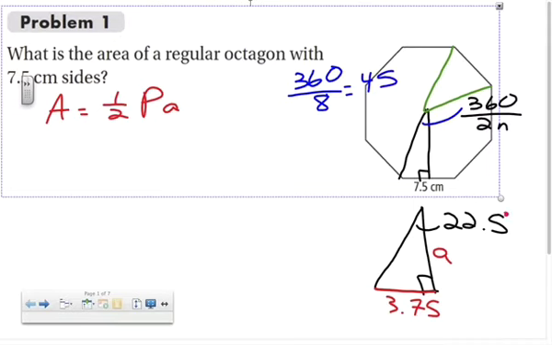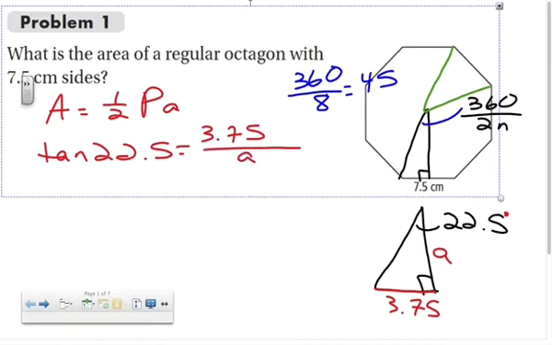this is just trig. Last chapter. Remember, you look at the angle, you look at the sides, you decide what trig ratio you're using. So what trig ratio am I using here in order to find the apothem? I'm using the tangent. So our equation becomes tangent of 22.5 equals 3.75 over the apothem.